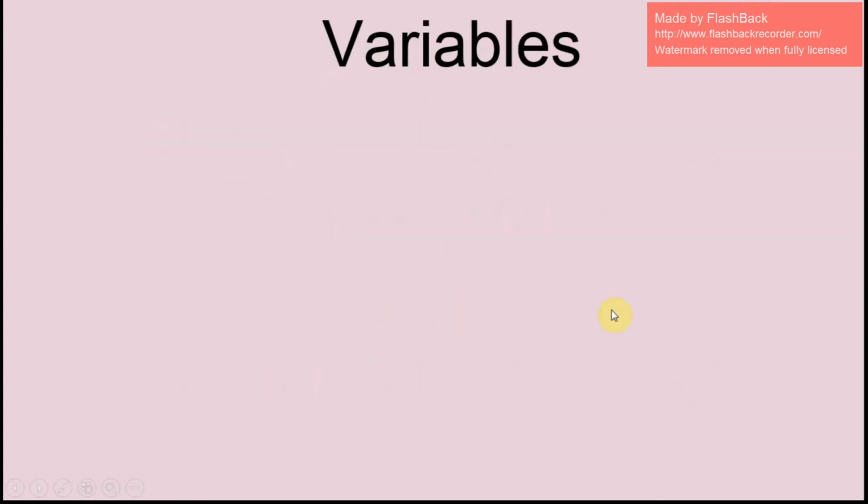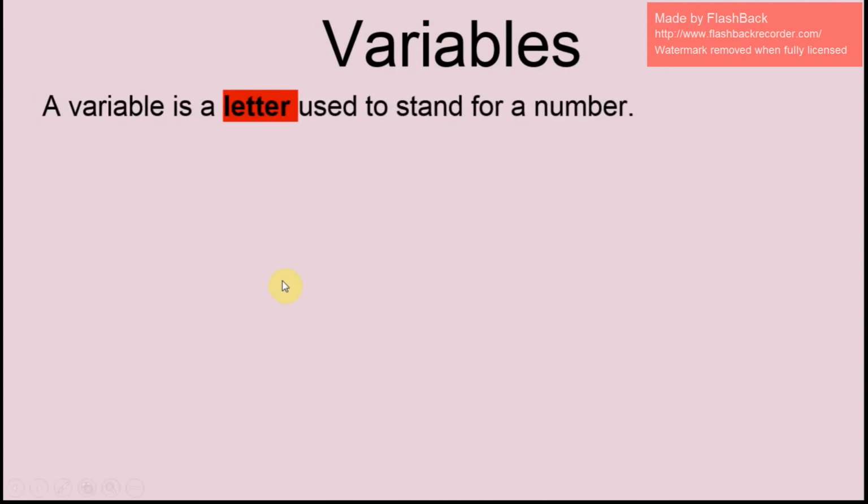So what does it mean by variables? A variable is a letter. Letter means alphabet: A, B, C, and so on. A variable is a letter used to stand for a number.